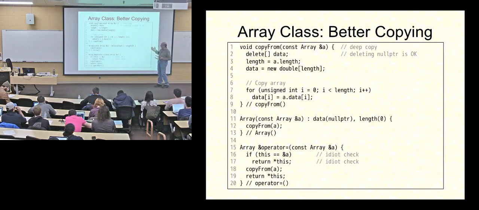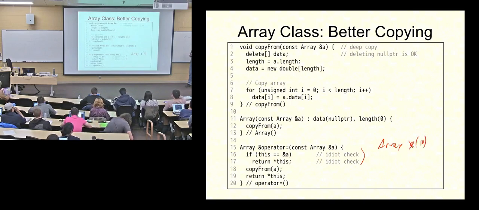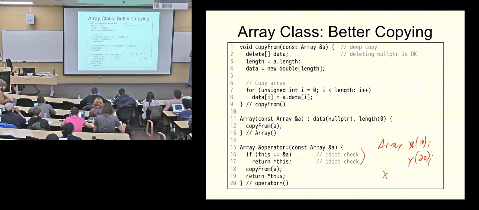That's good. The downside to this is that in lines 16 and 17, I've got an idiot check. What does the idiot check do? Why is that needed? Yeah, like if I've got array X of 10 and Y of 20, and then I say X equals X instead of X equals Y, what happens?